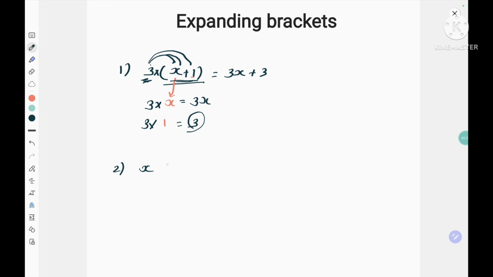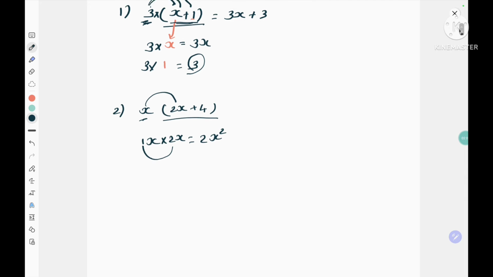If I say x in a bracket 2x plus 4, let's say 4, okay. So here this x multiplies with this bracket, right? So x times the first term, so x times 2x, which is, here no number means we can consider 1, so 1 times 2 is 2, and x times x is x square, as you know.